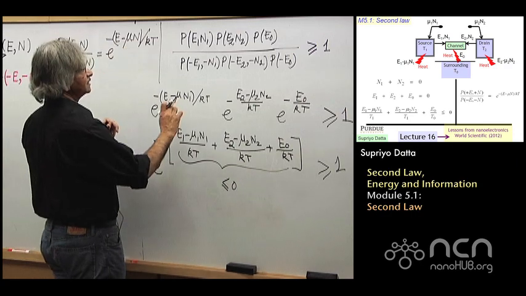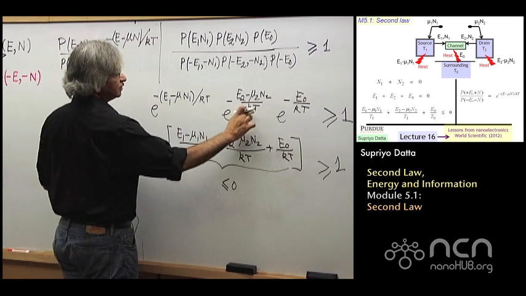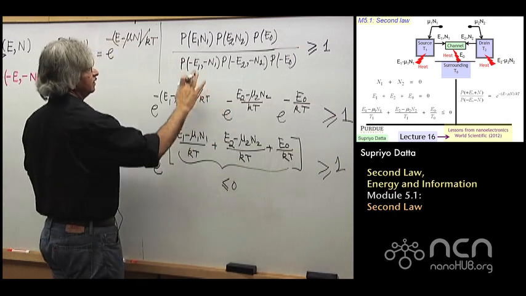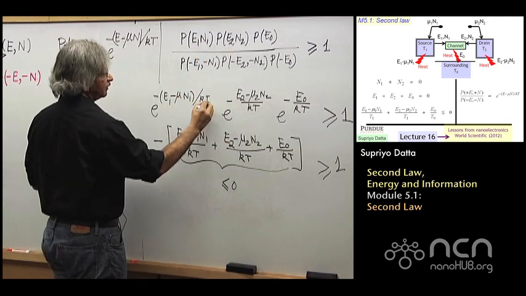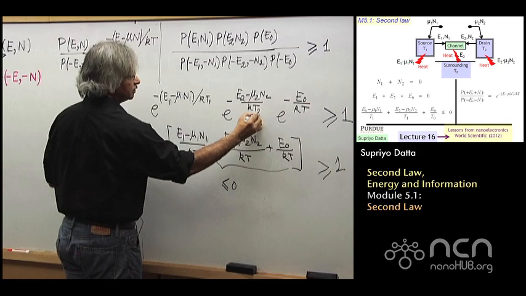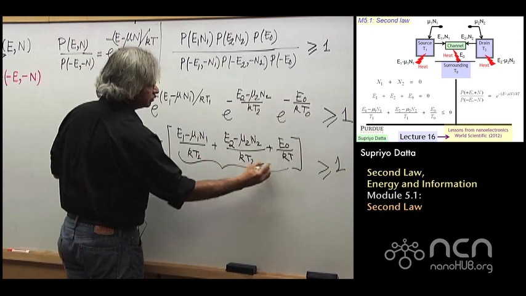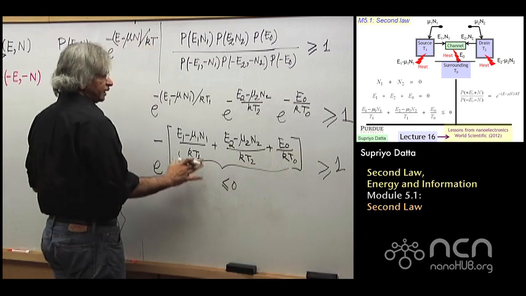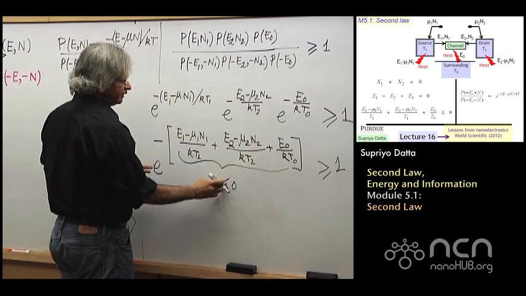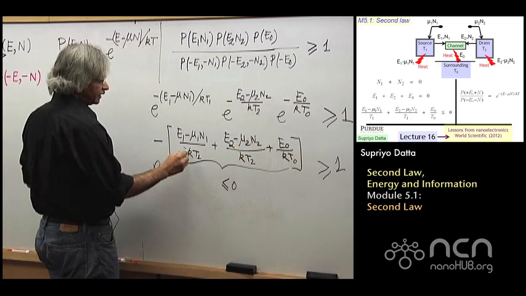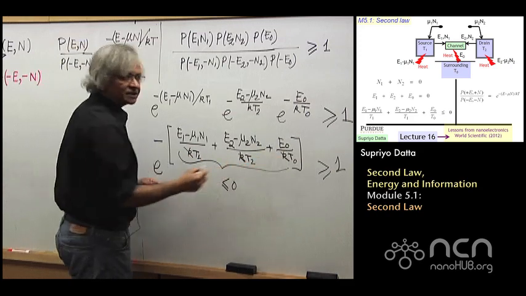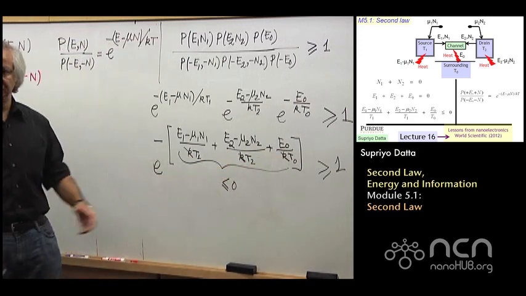Oh, by the way, I forgot to distinguish between the 3 temperatures, because in general these 3 contacts have 3 different temperatures. So I'll put a T1 here, T2 here, and a T0 here. So that's T1, T2, T0. And this sum must then be less than or equal to 0, and I can cancel out the k's, and that's basically the second law I had stated earlier.